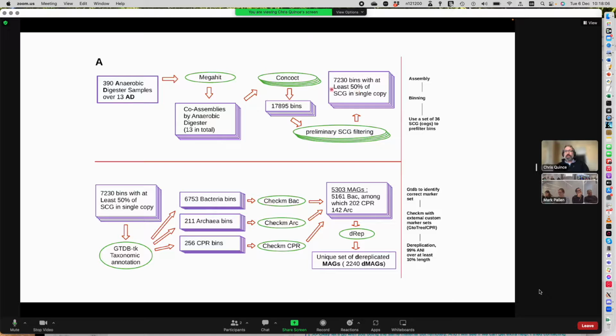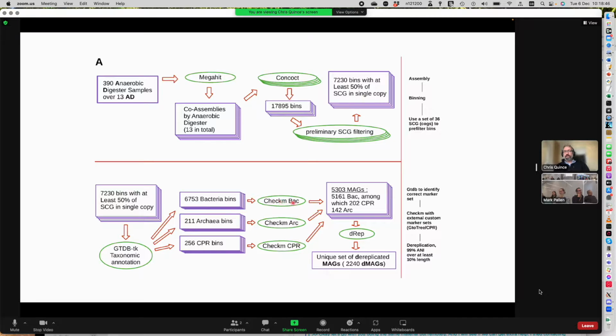So we used our sort of universal set to get an initial set of MAGs, 7,000. Then we did taxonomic annotation with GTDB on that initial set of potentially good MAGs. Once we've got taxonomic annotation, we can use better single copy core gene sets taken from CheckM, a program you're going to use this afternoon for evaluating bins, which are specifically tailored to 3 different groups of organisms.